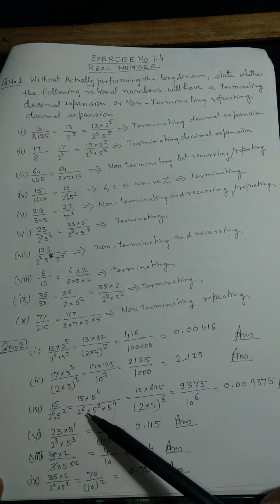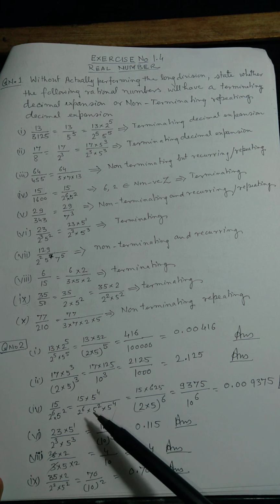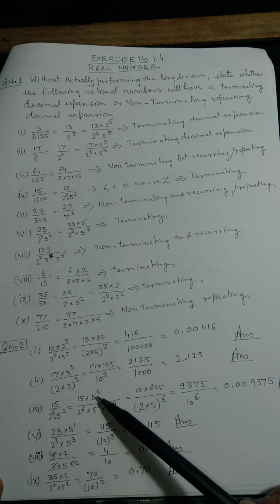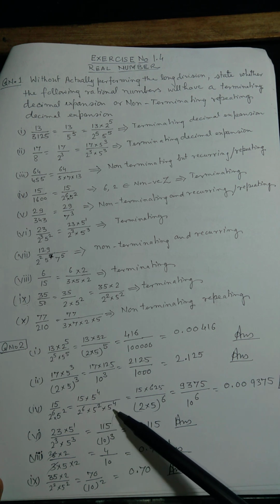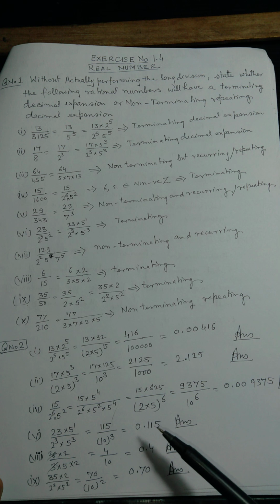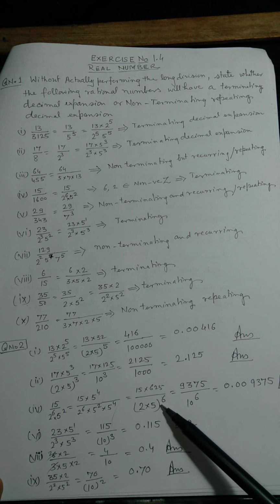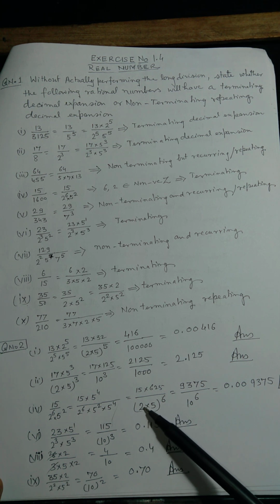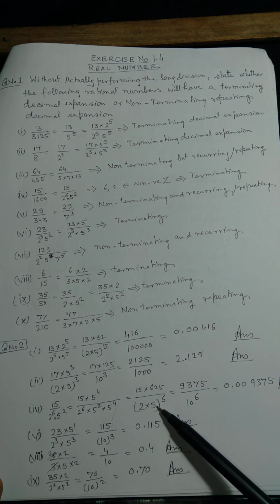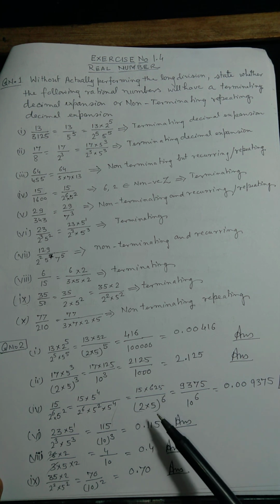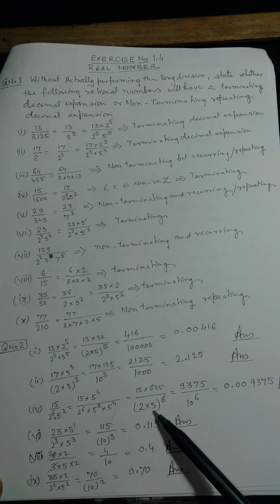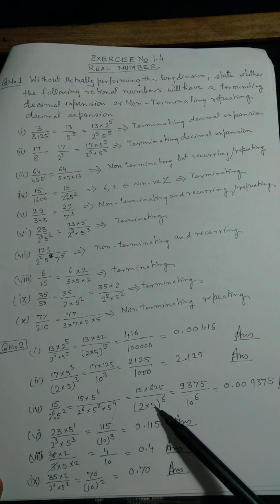So you see, I have multiplied it by 5 raised to power 4 in the numerator as well as in the denominator, so that 2 and 5 will have the same power. In order to make the power of 2 and 5 equal, so that we can combine both and make it 10.